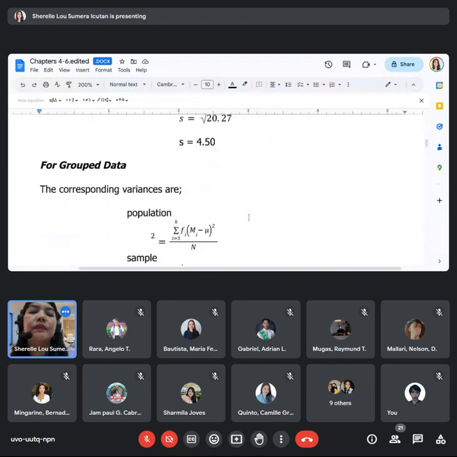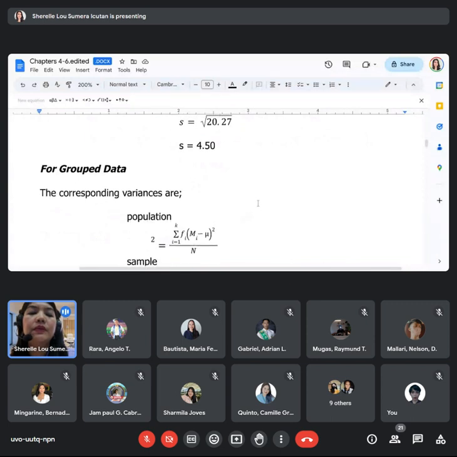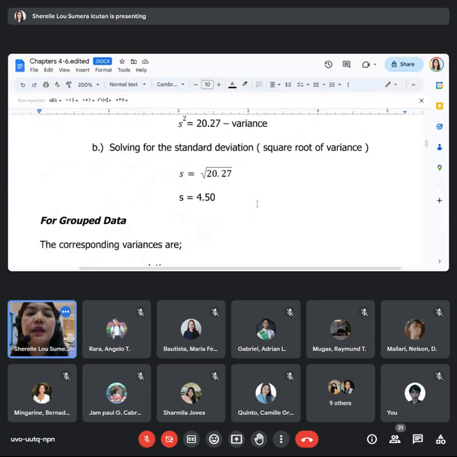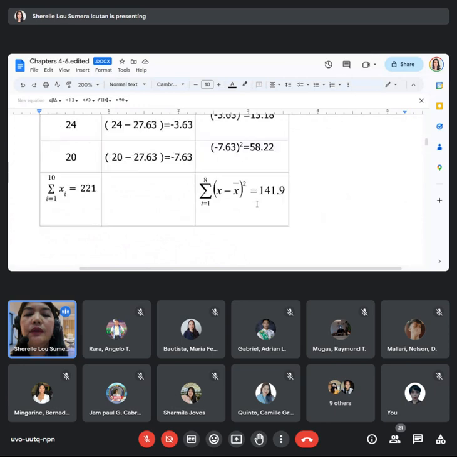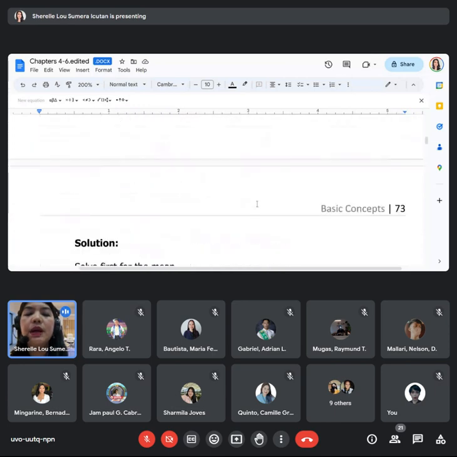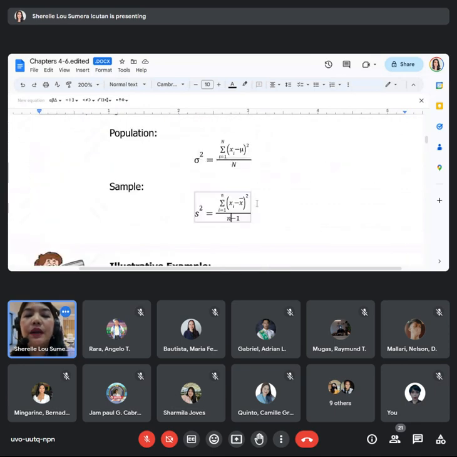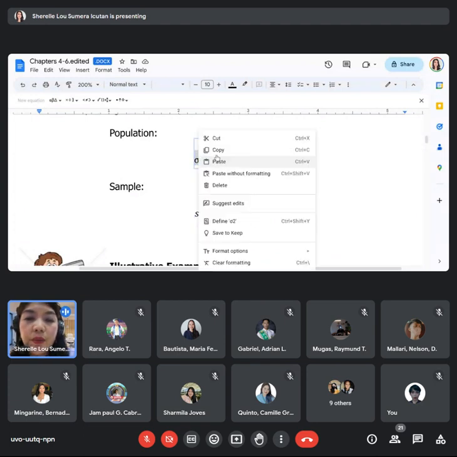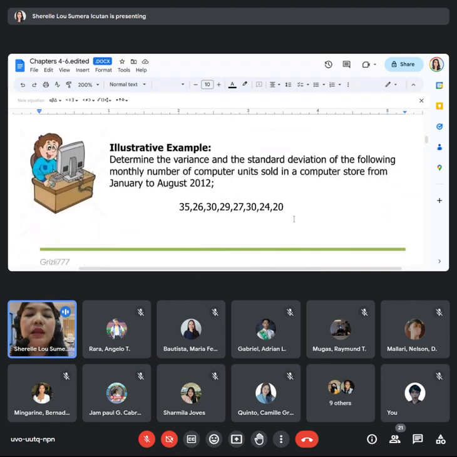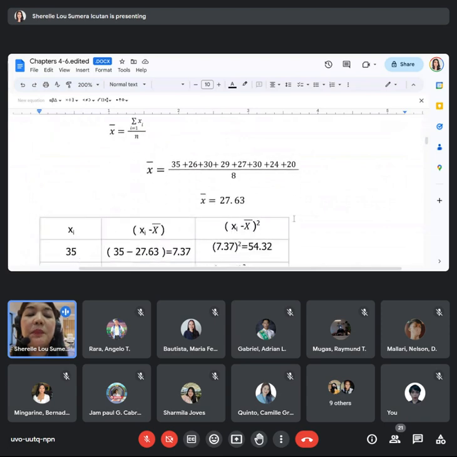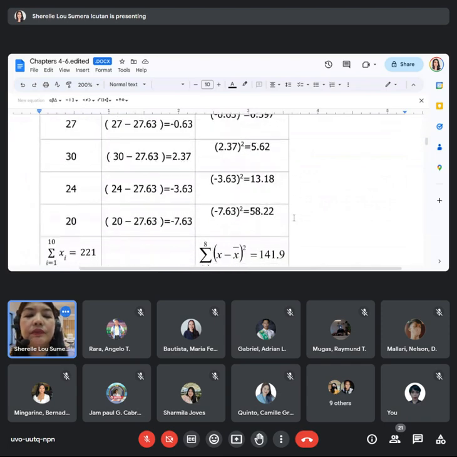Okay? What about for group data? So for group data, you have your sigma again. So if I will not be stating that you have to compute for the population standard deviation, ganon, it is automatic by default that you will compute for the sample standard deviation.